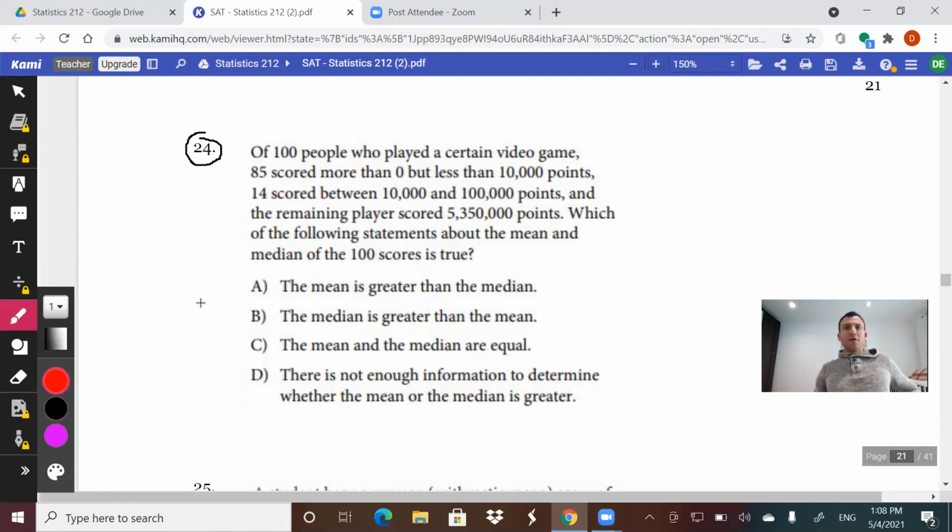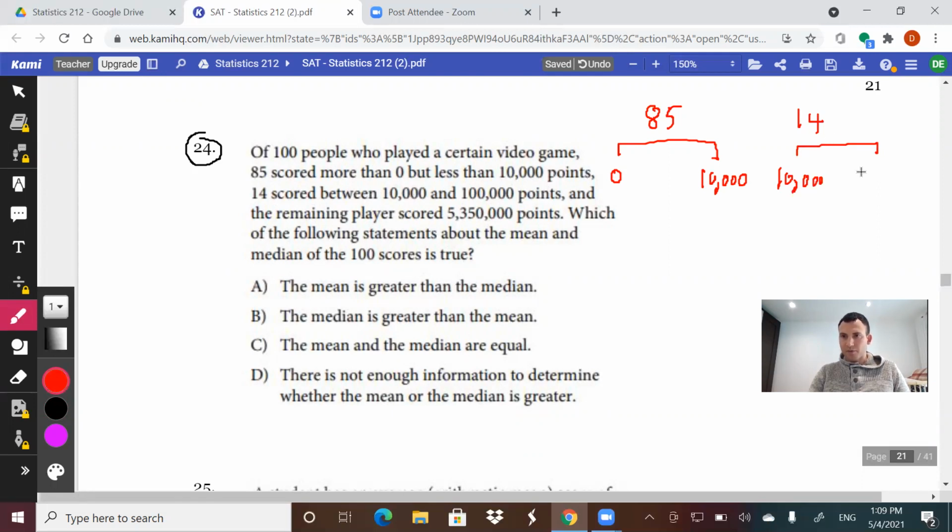It says, of 100 people who played a certain video game, 85 scored more than 0, but less than 10,000. So out of 100 people, 85, the vast majority, are going to be between 0 and 10,000. 14 people are going to be between 10,000 and 100,000.